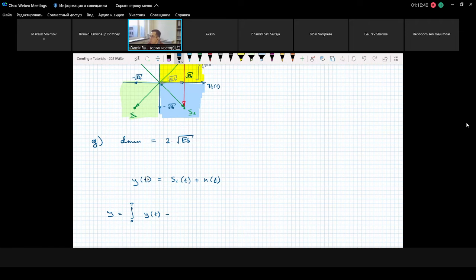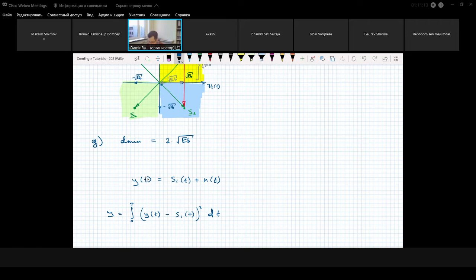We have 4 different candidates, S1, S2, S3, S4, and in general we should have 4 different branches, and for each branch we have its own candidate, and we subtract the corresponding value s i of t. Then we calculate the energy, we calculate the square, and as I said before, we accumulate energy during the symbol interval.